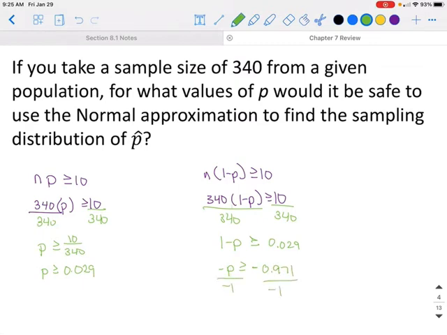If we divide by a negative 1 to get the p by itself, remember, when you divide by a negative, that is going to switch your inequality sign. So we know that as long as p is greater than 0.029 but less than 0.971, this would be a normal distribution that we could use.